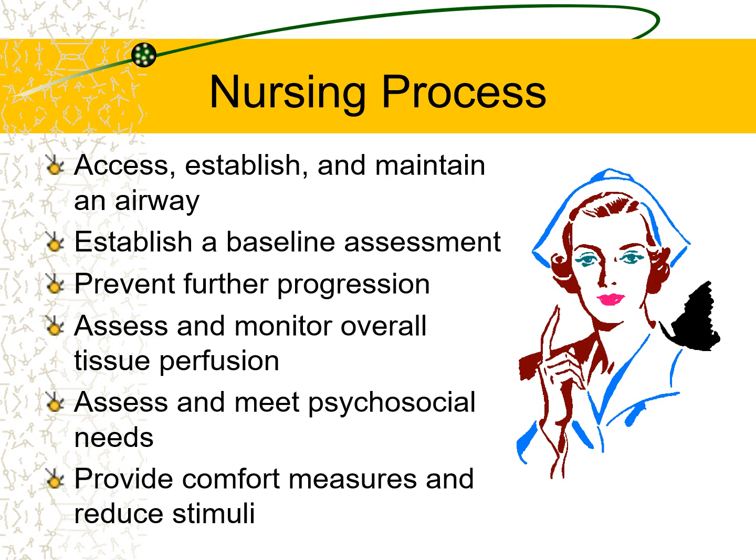So there's a lot to think about in the care of our patients with shock. And there's a lot to know because there's so many different types of shock. And now I hope you understand that by looking at the various stages of shock, the nurse has a huge responsibility for picking up on these symptoms and these assessment findings in time to make a difference in the outcome of our patient's condition and whether our patient is going to survive this at all.